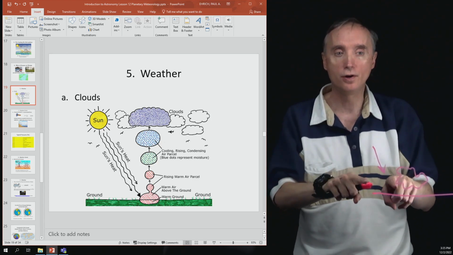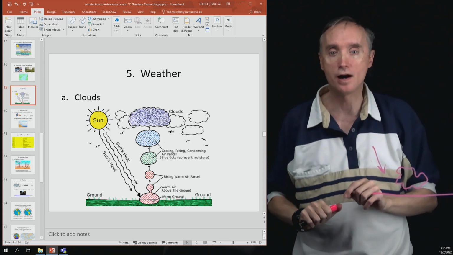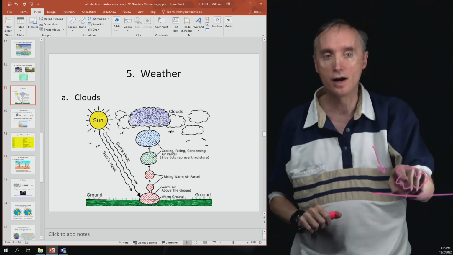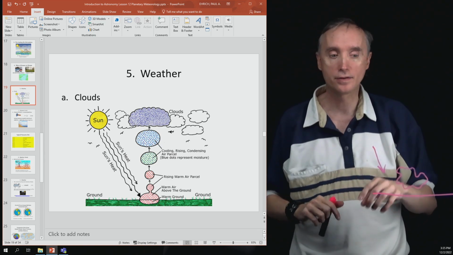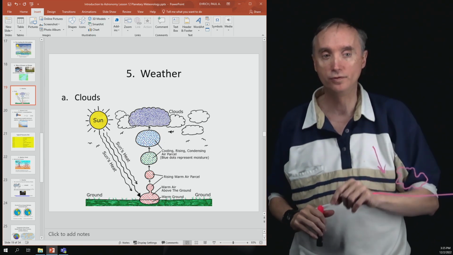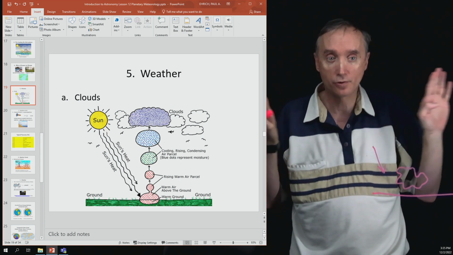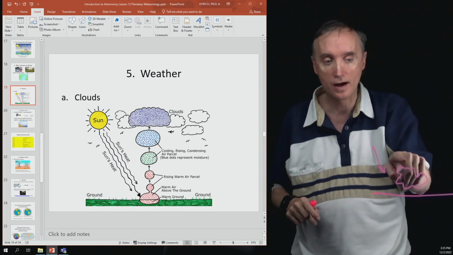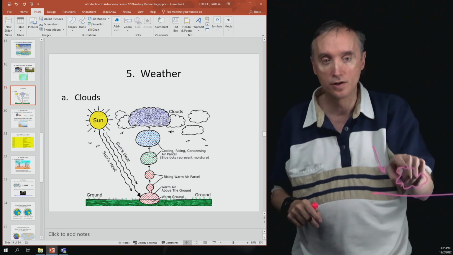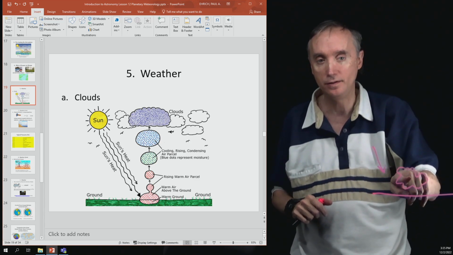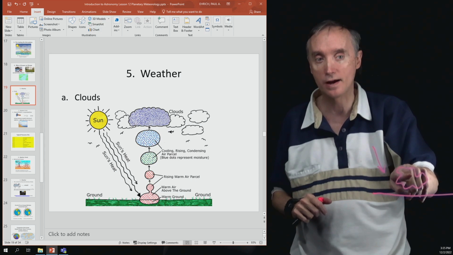Well, why would it go up in the first place if it's hot? Well, if it's hot, then that means that the molecules in there are moving faster, so that they are exerting a pressure pushing outwards on this thing. So that means the density of this thing is going to go down.